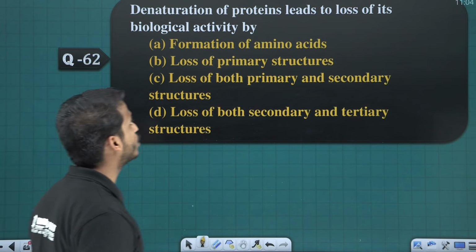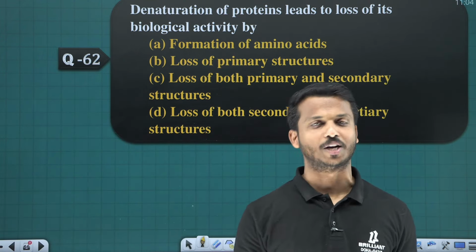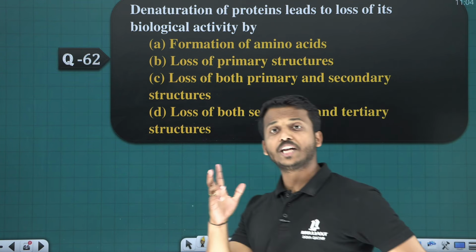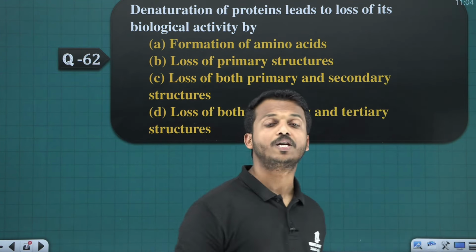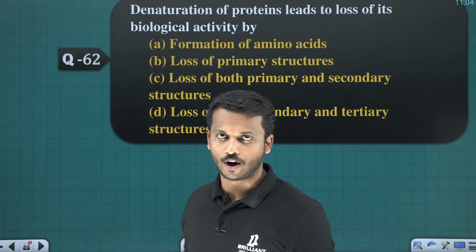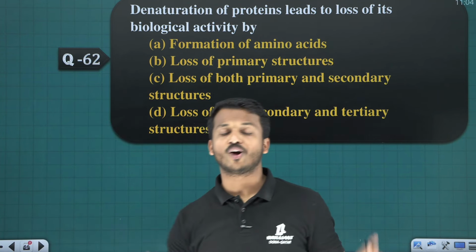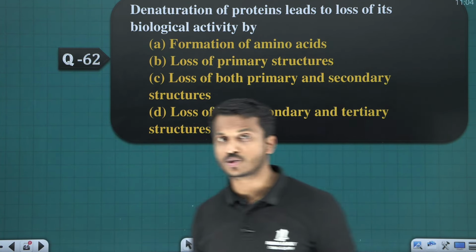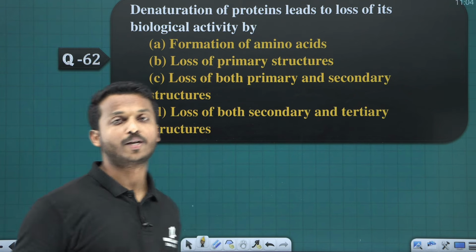Denaturation of protein leads to the loss of what? Can you say what are the observations in denaturation? When a native protein is subjected to a physical or chemical change, observations are there. Its secondary and tertiary structure are completely destroyed. Primary structure remains intact and it loses its biological activity. Also, the globular protein gets converted to fibrous protein.